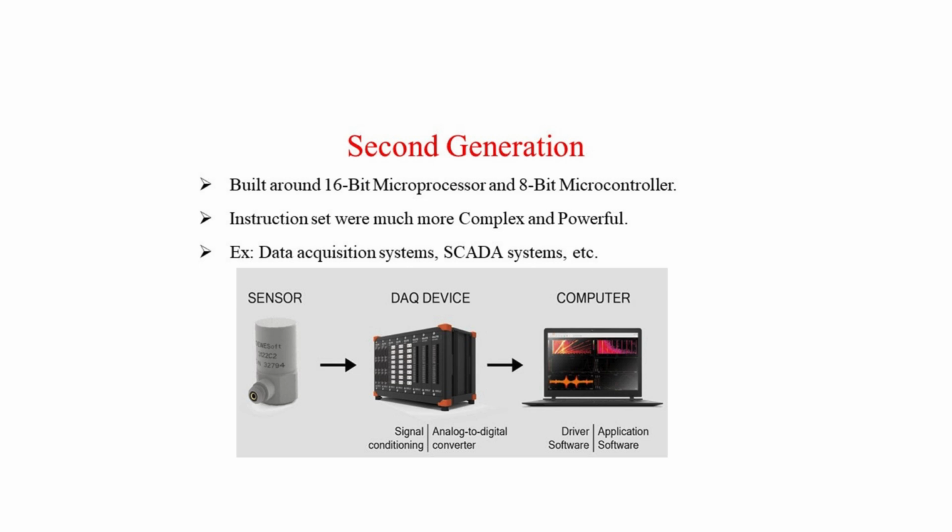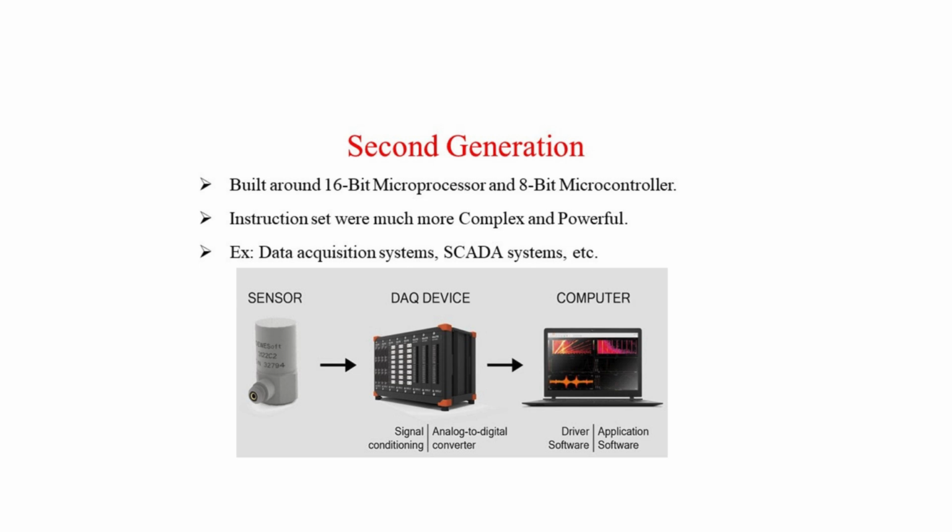Now let's see the second generation embedded systems. These embedded systems are built around 16-bit microprocessors and 8-bit or 16-bit microcontrollers. The instruction set was much more complex here, and also powerful. The instruction set is more powerful than the first generation.